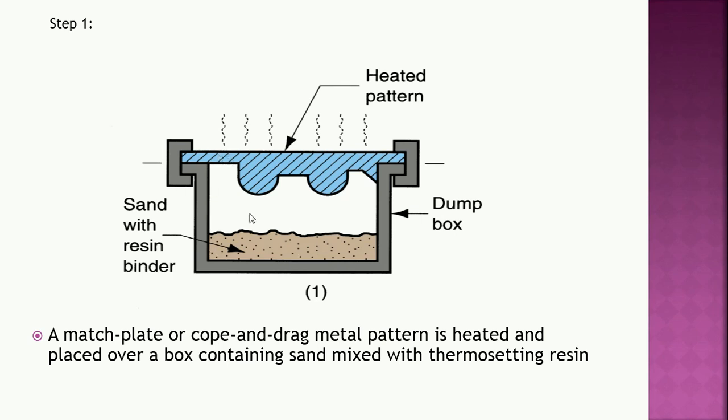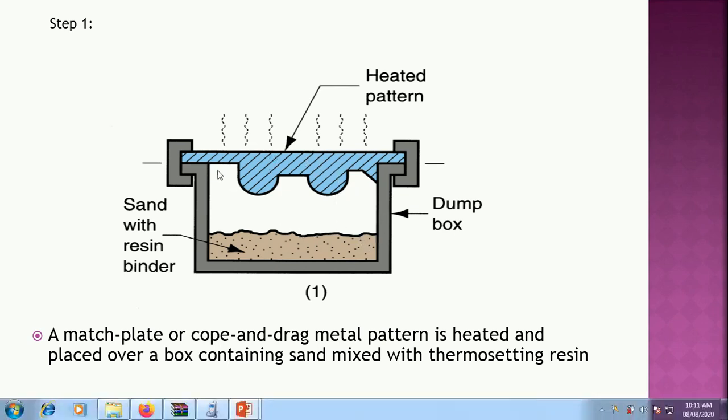Now in the first step, what is shown? The metallic pattern is heated at around 200 to 250 centigrade, and it is placed above the dump box, and this dump box contains the sand plus resin mixture. Silica sand is mixed with thermosetting resin binder, phenol or urea formaldehyde, and it is placed in this dump box. This pattern is a match plate pattern or cope and drag pattern.